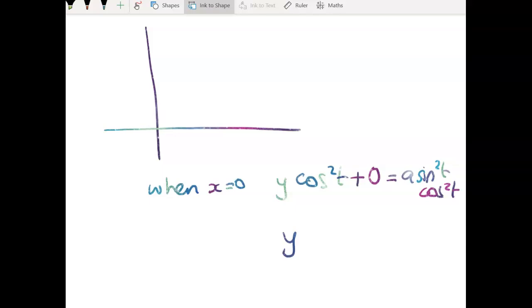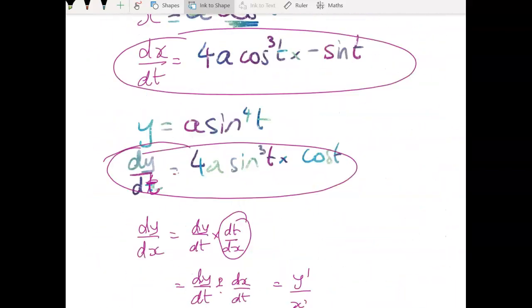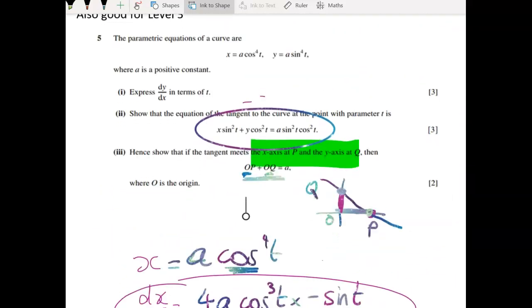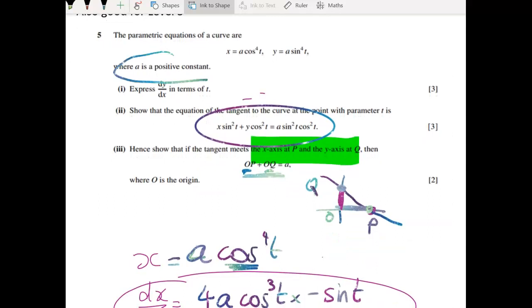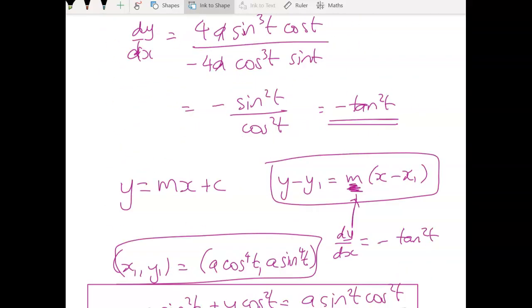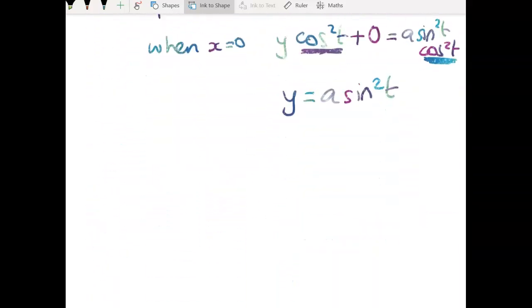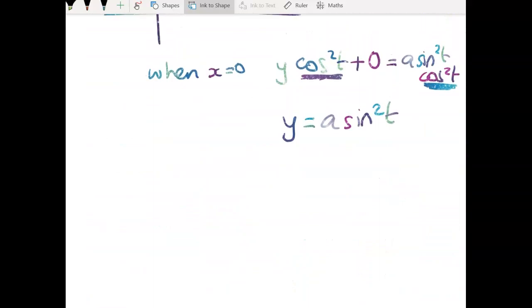I'm going to divide both sides through by cos squared of t, and I get y is equal to a sine squared of t. Now I'm just hesitating because I don't like dividing through by trig things. So let's go back to the very start. Oh, look, we're told that a is a positive constant. All right, well, we're going to assume that, I'm just going to hand wave. So we're dividing through by cos squared of t, so y is equal to a sine squared of t.